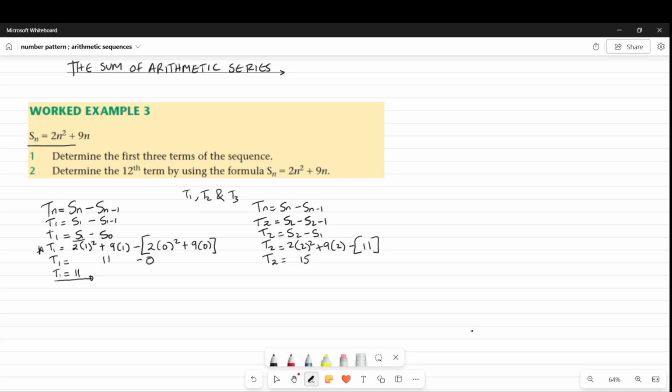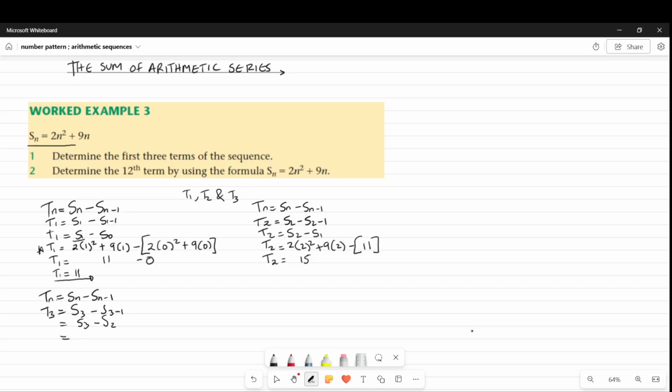Again you're going to say Tn is equal to Sn minus Sn minus 1. We're looking for T3, so it's S3 minus S3 minus 1, so S3 minus S2.